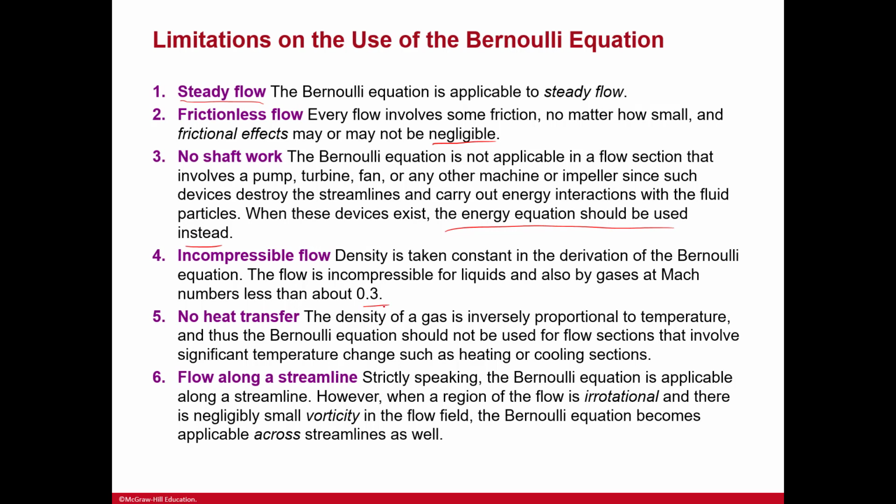The density of a gas is inversely proportional to temperature, and thus the Bernoulli equation should not be used for flow sections that involve significant temperature change, like heating or cooling. One note is that this is significant, right? Like we have an example of the Bernoulli equation using a bathtub.